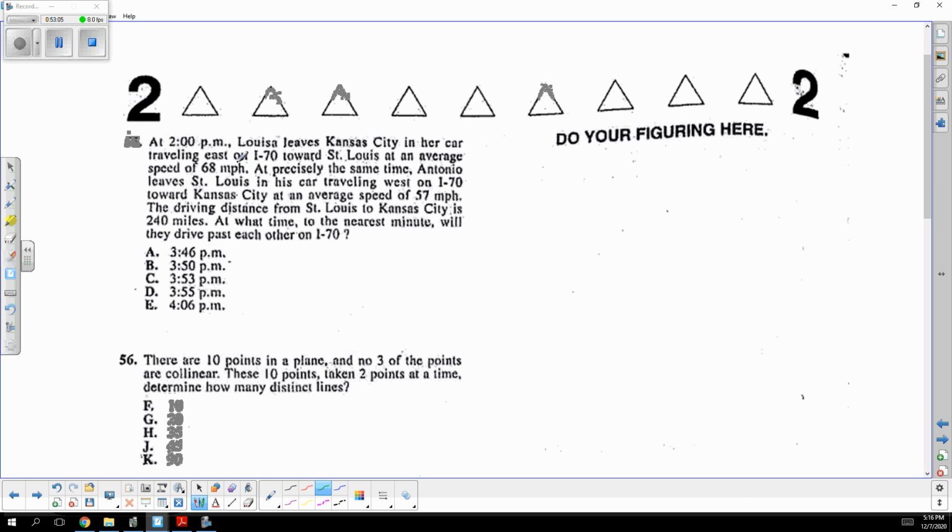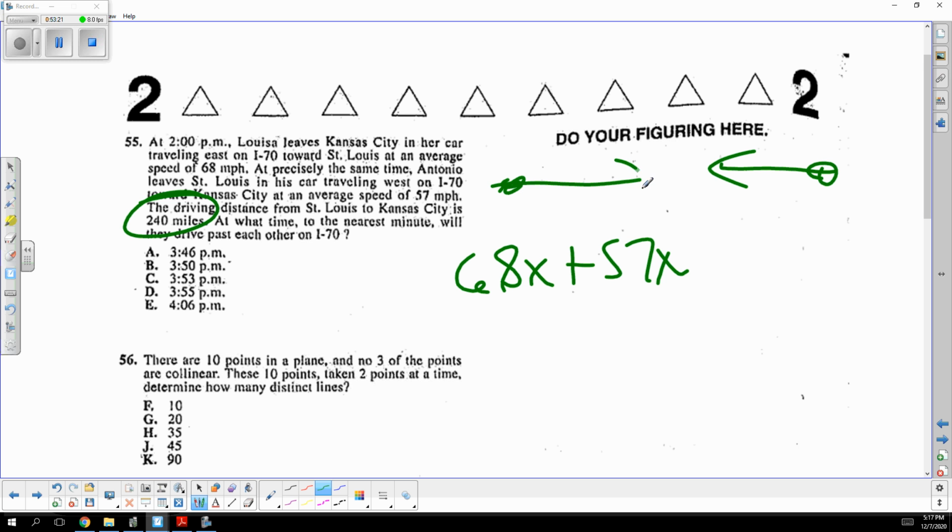At 2 p.m., she leaves in her car at 68. So the other one is at 57, and they're going to go 240 apart. So they start and go like this. When do they pass each other? When they've traveled 240.